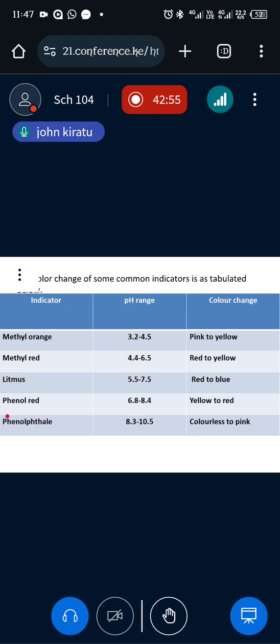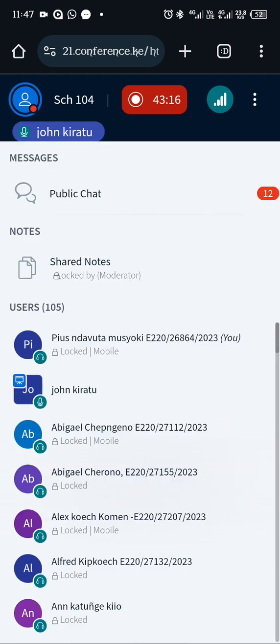When we have weak base, strong acid, the equivalence point is below 7. And weak acid, weak base is at 7. So if you look at methyl orange, it can be used as an indicator for which reaction? Somebody, Shadrach, has said strong acid and weak base.